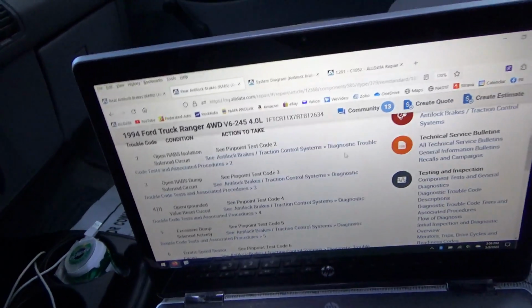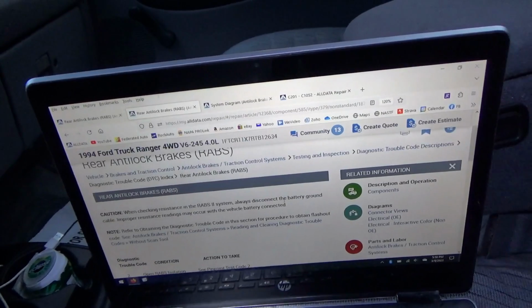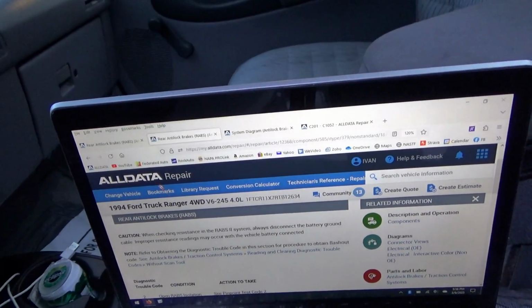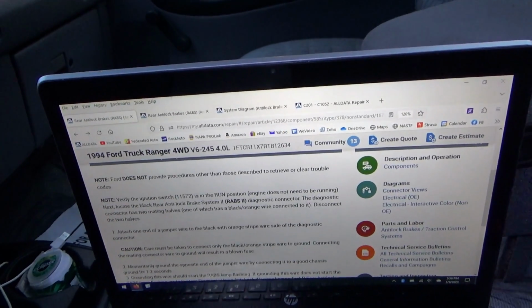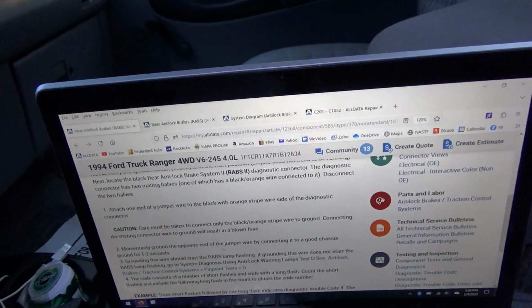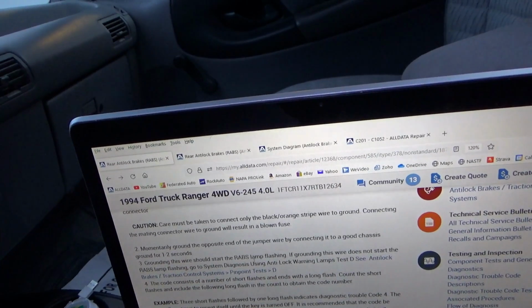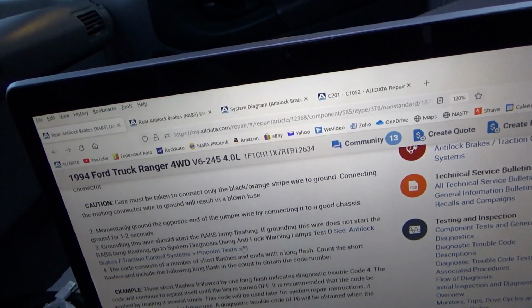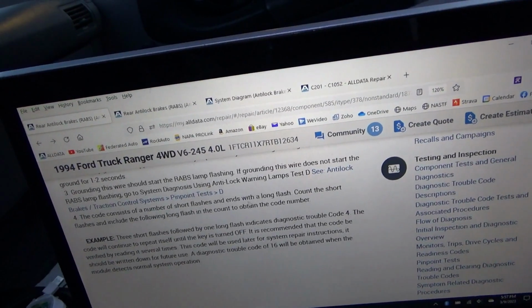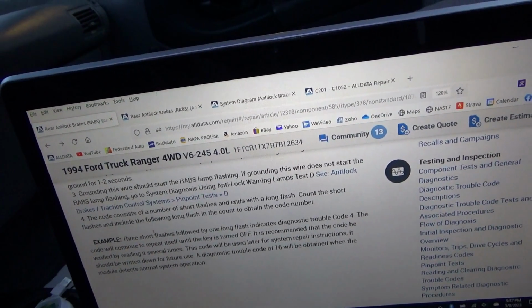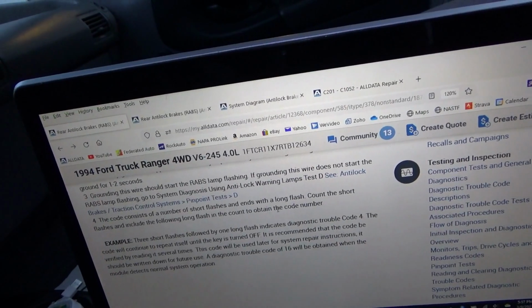Let's see here. Grounding wire start ABS flashing. Grounding wire does not start flashing. Yeah. Short flash ends with a long flash. Count the short flashes. Include the following long flash in the count to obtain the code number.